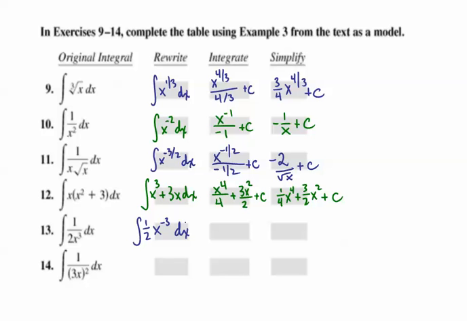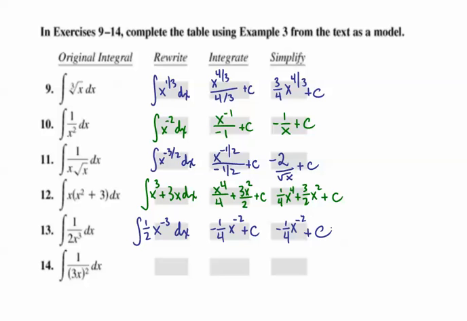And we're going to increase, so the new exponent will be -2. Divide by -2. It's the same as multiplying by -1/2, and so that will give us -1/4 x to the negative second power plus c.